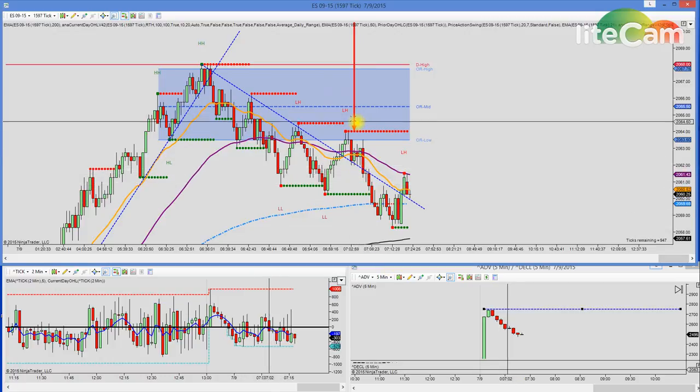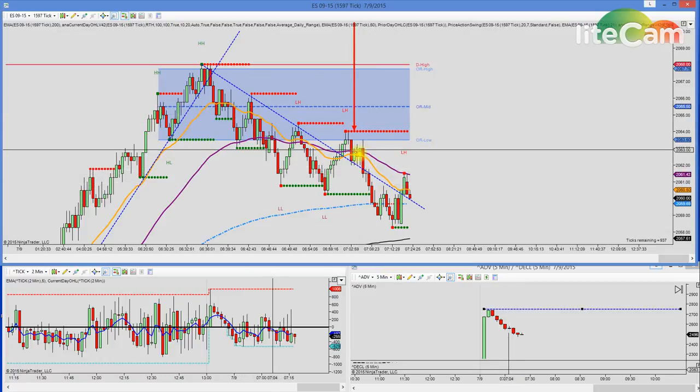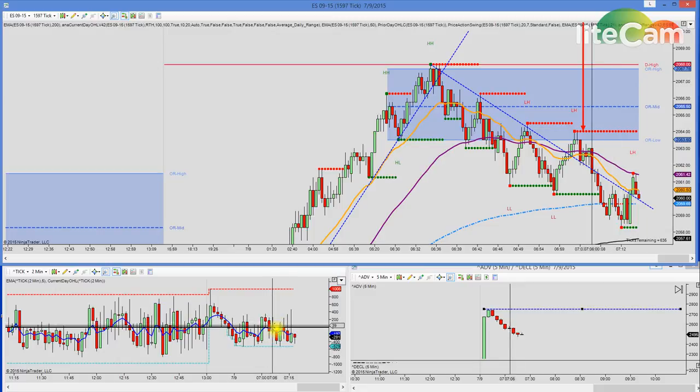At the time I got in, around this red arrow pointing down to this bar, about 7:04 to 7:05 a.m., ticks were below zero, the average of ticks was below zero, and on the advance-decliners at the bottom right of the screen, you can see we were trending downward, all red bars, no green bars in sight. So that was another reason I felt comfortable taking the short here.